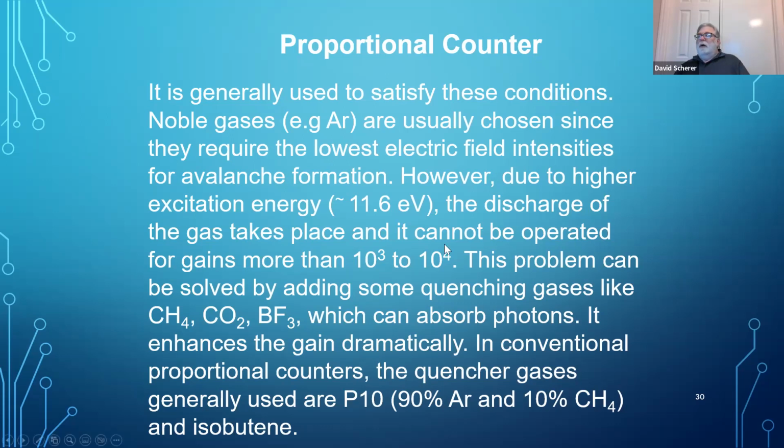So if we put in a gas that absorbs UV light, and there are some examples shown here, they absorb that UV light, they can quench that reaction, and so you don't have this problem. A common gas that's used is P10 gas, 90% argon and 10% methane or isobutane.